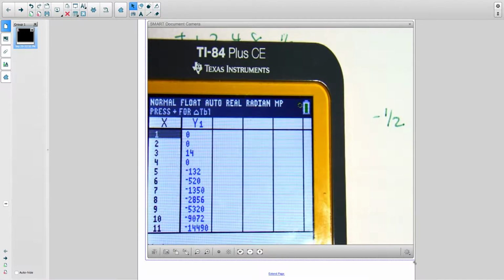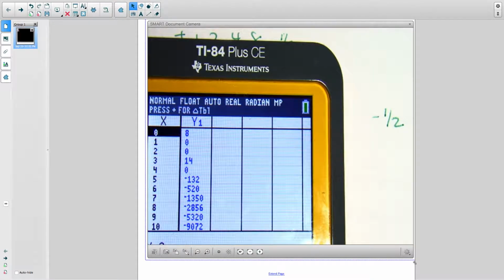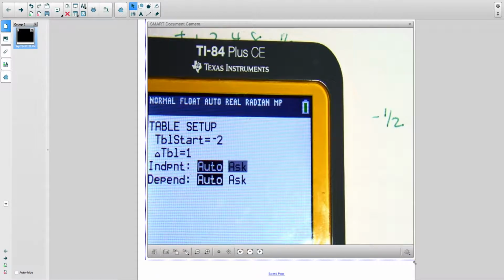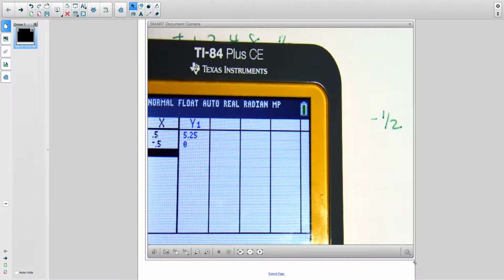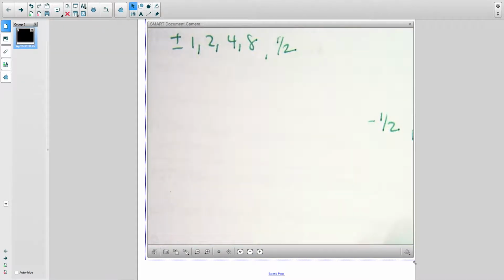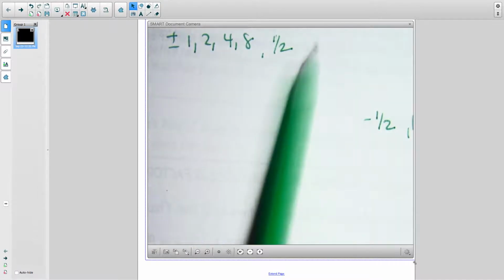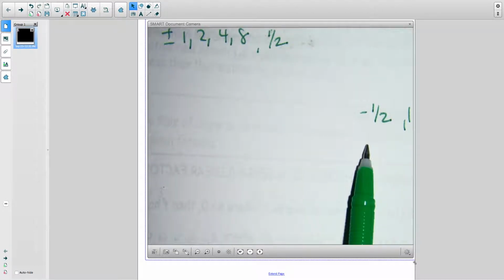If I did the table, does that work? Well, there's 1, 2, and 4. I could go table set ask, and I could type in negative half and get 0. So what's nice about this is now we can not only narrow down where our zeros are, but we can actually graph it, and we won't have to find the zeros and put that between here and here. We now know where our zeros are going to be.